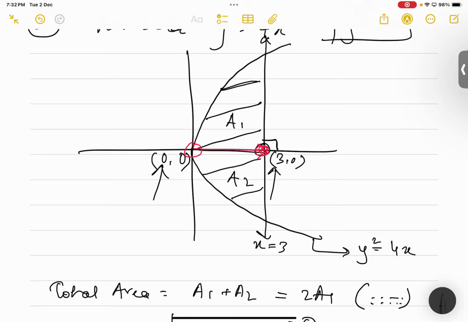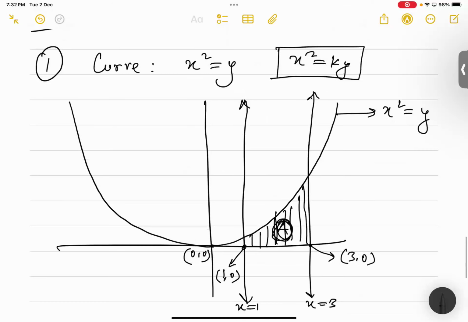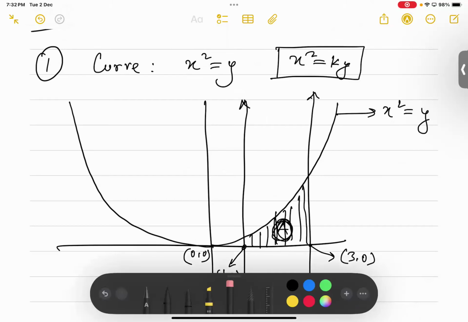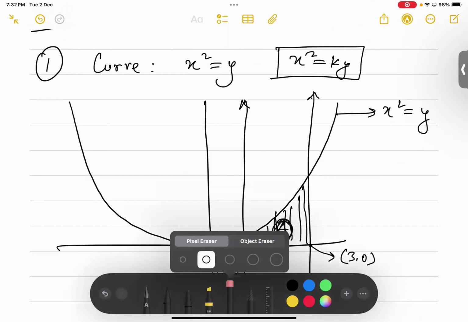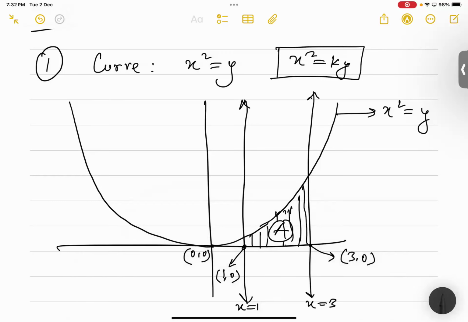X-axis will be also part of the boundary. So go to the first quadrant. Okay. Anyone will come. Preferably go in the first quadrant. Chal, copy this. Write everything as I have written. So there is no A1 and A2.